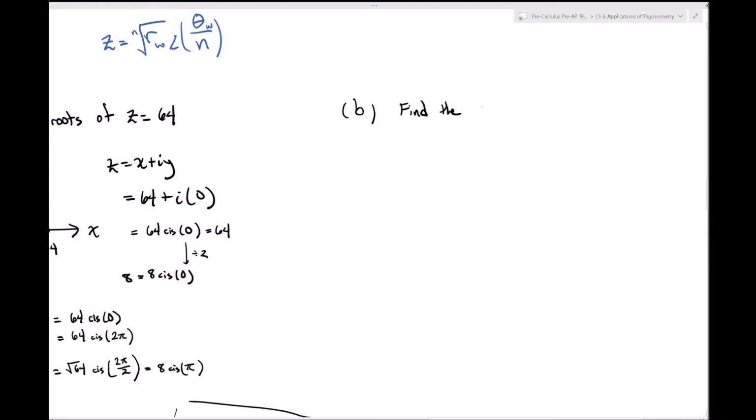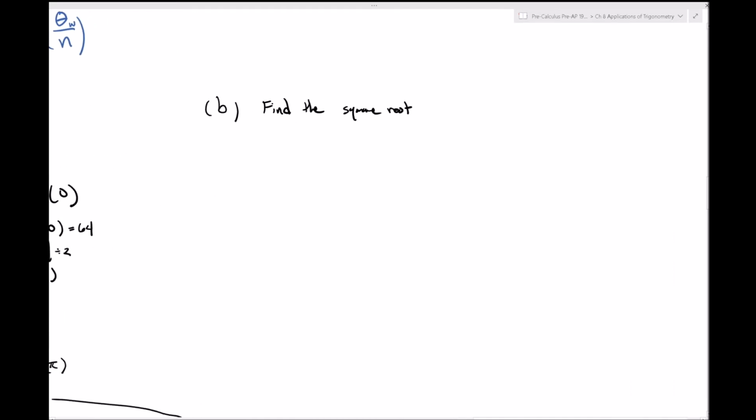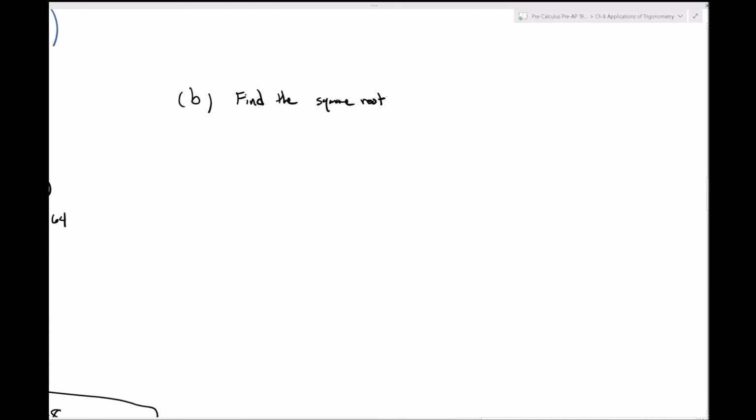I'm going to call them square roots, and I'm going to assume I don't know all of them, but the idea is I think there's going to end up being 2. So find the square roots of z, and let's have a little fun with this. Z equals, let's say, 1/2 plus square root of 3 over 2 i.